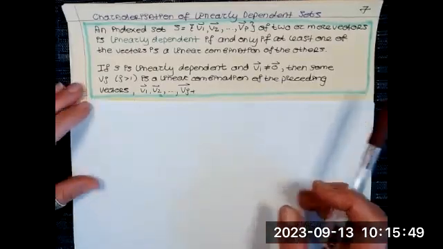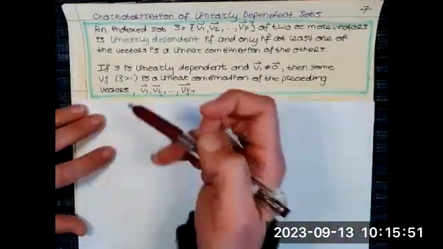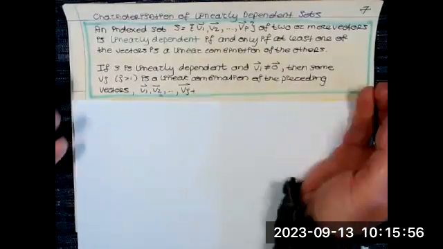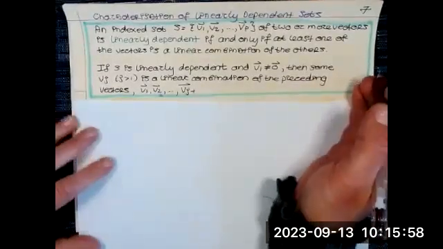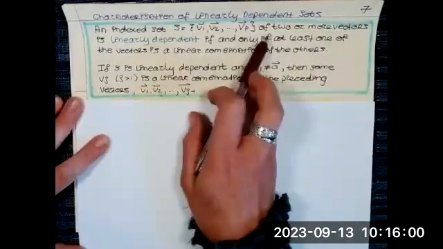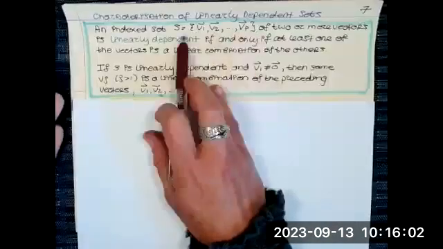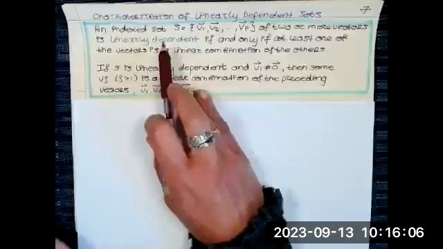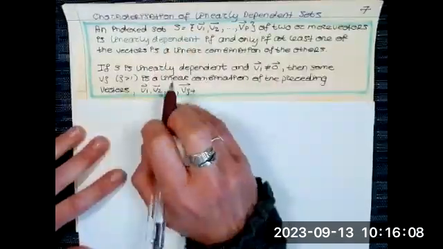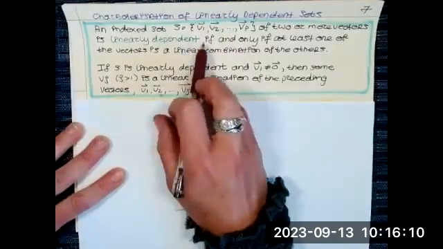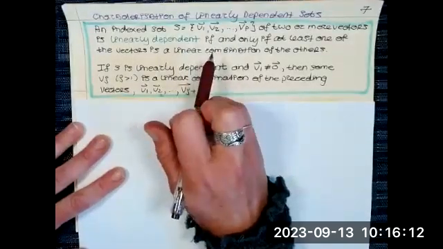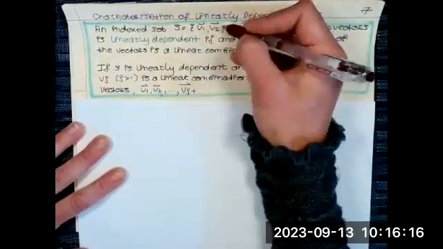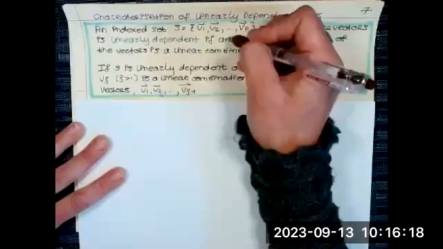Since we have more than 2 vectors, for 2 vectors, linear dependence is just multiples of one another. But for more than 2, maybe all of them are multiples of one another, which is a simple case. But it's not the only condition, right? I can have a lot of different vectors, and for the set to be linearly dependent, I really only need one bad apple in the whole bunch.